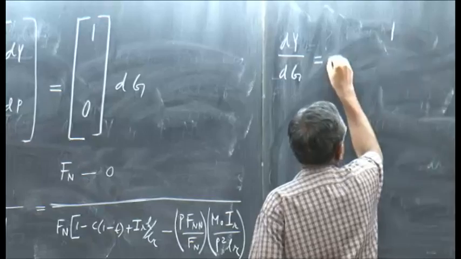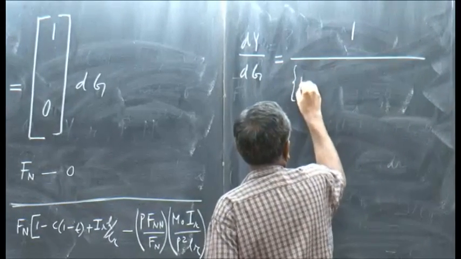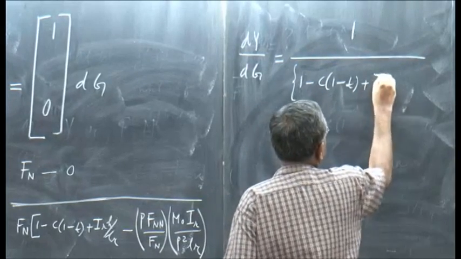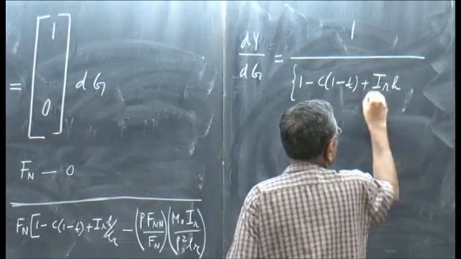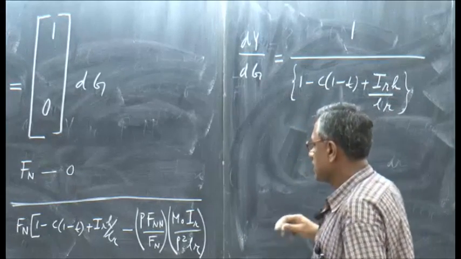So what you have, therefore, dy dg is equal to 1 divided by, wonderful, 1 minus C into 1 minus T plus IR H over LR, okay?